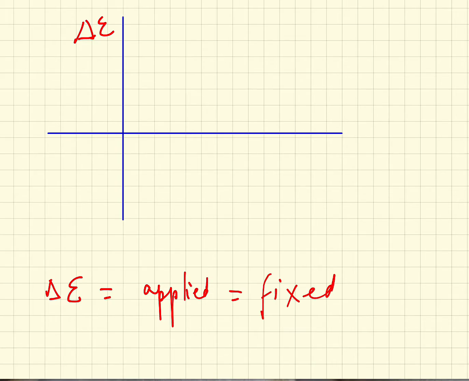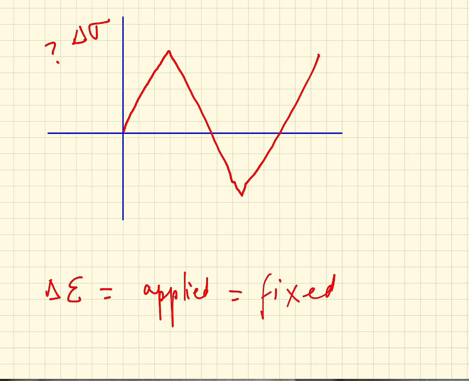Then the question is, how can we plot the corresponding delta sigma as a function of time? In this case, we would expect that the stress is going to increase and then decrease in a cyclic fashion as we just apply a fixed amount of deformation.